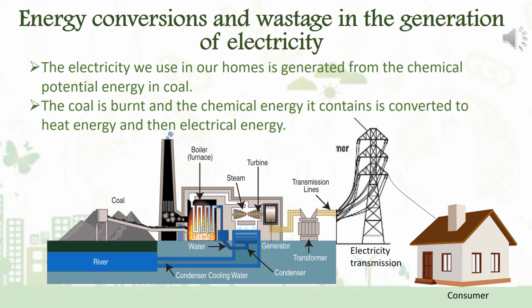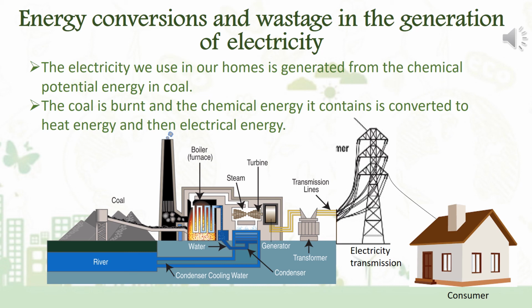So that energy is converted to the kinetic energy of the turbine. This kinetic energy is connected to the generator. So what is the generator doing? It converts the kinetic energy of the turbine to electrical energy.